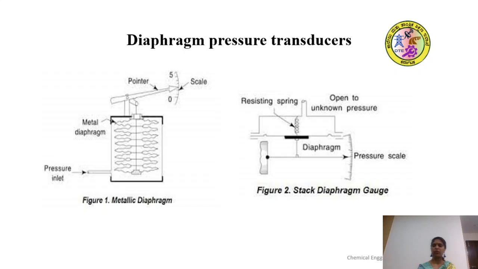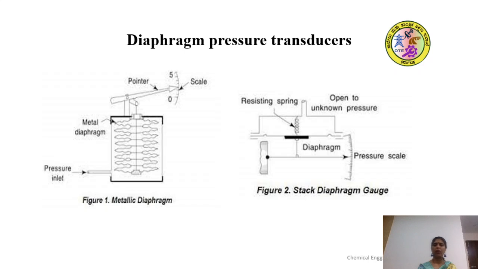It is used in most control valves, regulators, and temperature controllers, and also in most oil and gas control equipment. Diaphragms are mostly used to control and regulate the flow rate, to control the temperature of a particular equipment, and to control the flow rate of oil and gas in most equipment. That is what a diaphragm is.